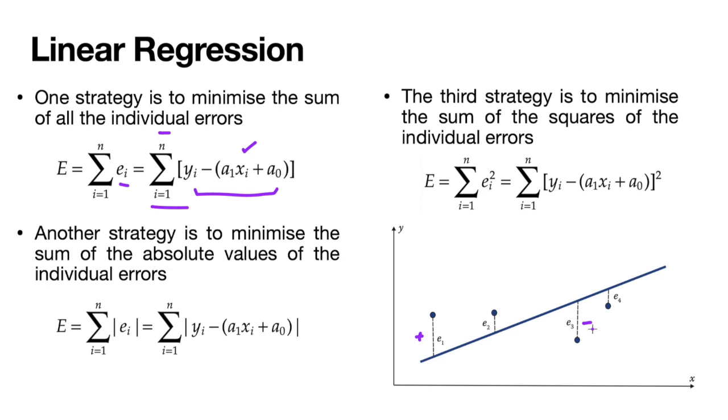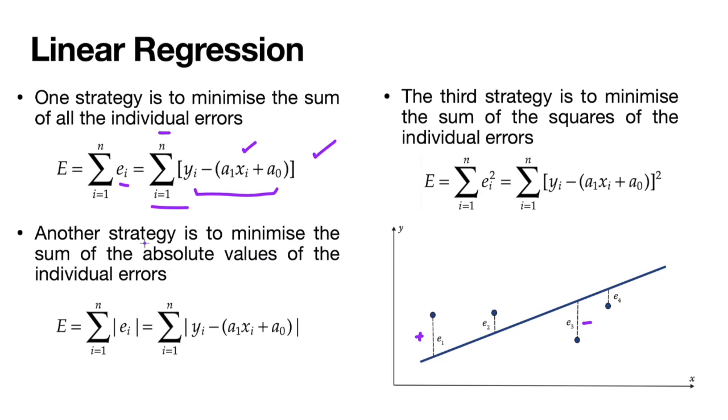So this is one drawback of this approach. The positive and negative errors cancel each other out, but the difference between our line and the individual points will still be quite large. So this does not give us the best possible solution.